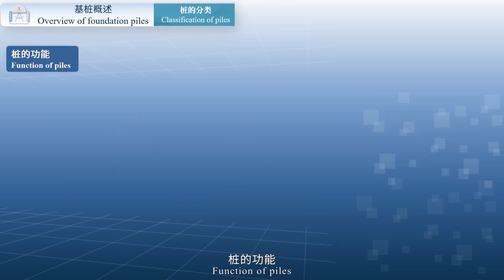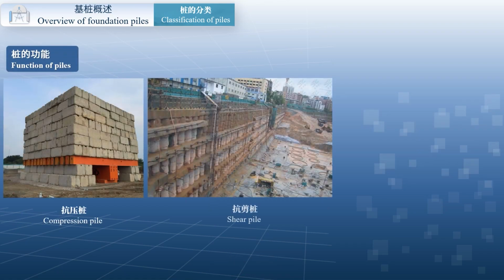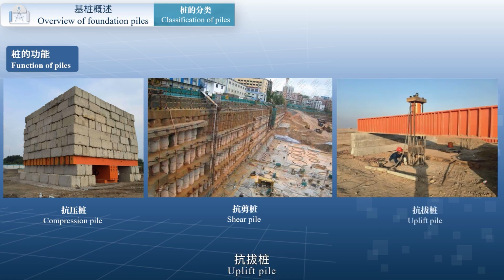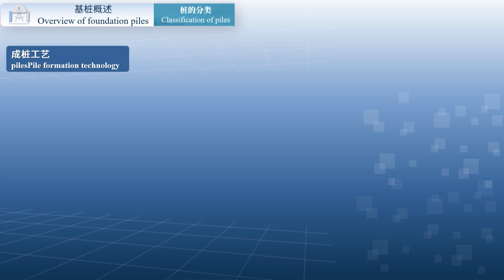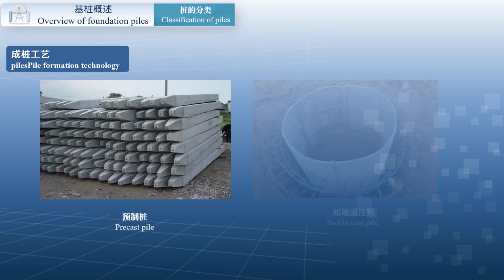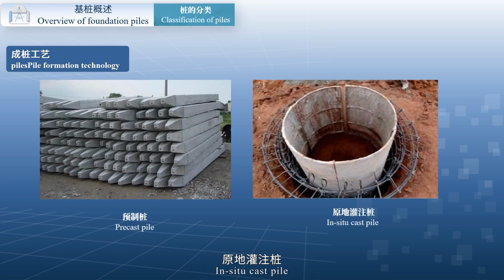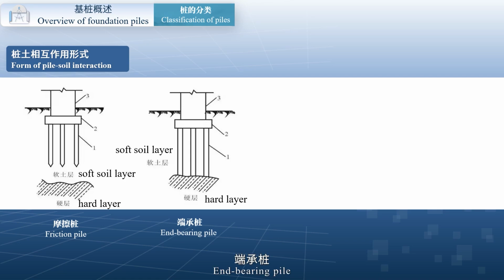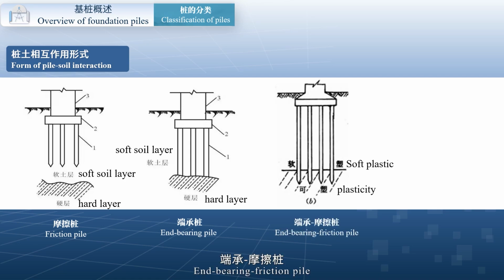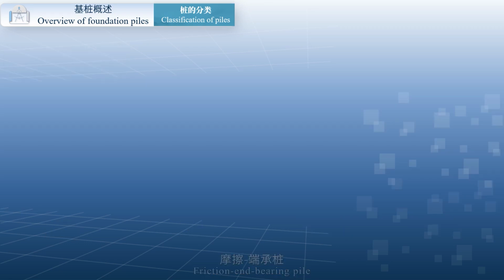Function of piles: compression pile, shear pile, uplift pile. Pile formation technology: precast pile, in situ cast pile. Form of pile-soil interaction: friction pile, end-bearing pile, end-bearing friction pile, friction end-bearing pile.